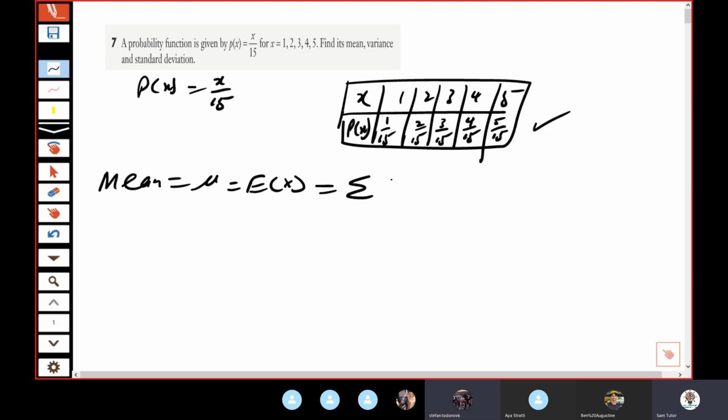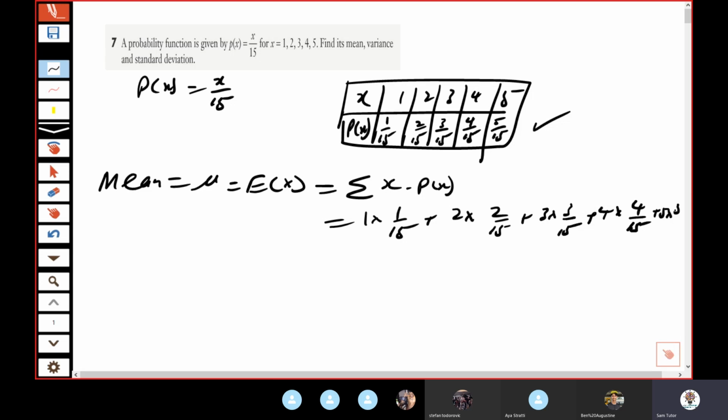That equals the sum of x times P of x. So 1 times 1 on 15 plus 2 times 2 on 15 plus 3 times 3 on 15 plus 4 times 4 on 15 plus 5 times 5 on 15, which, let me do real quick, 1 on 15 plus 4 on 15 plus 9 on 15 plus 16 on 15 plus 25 on 15.